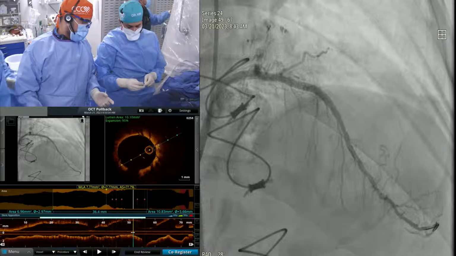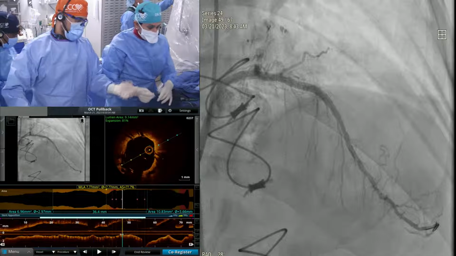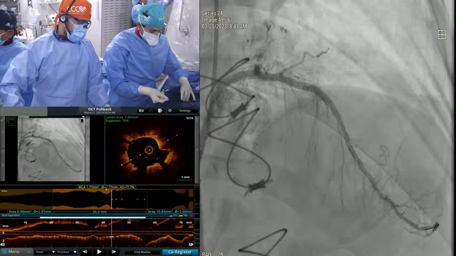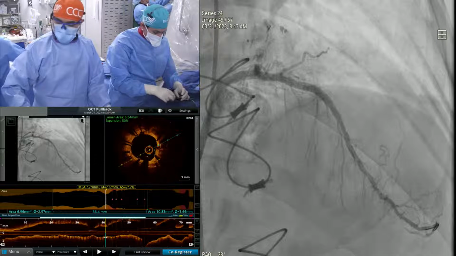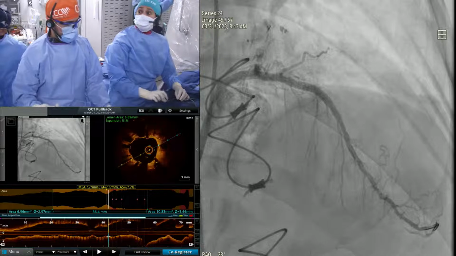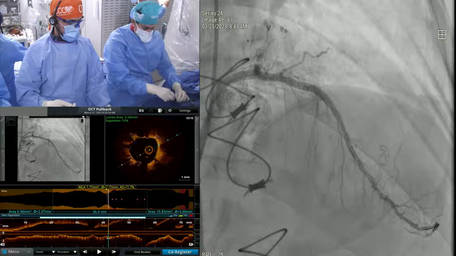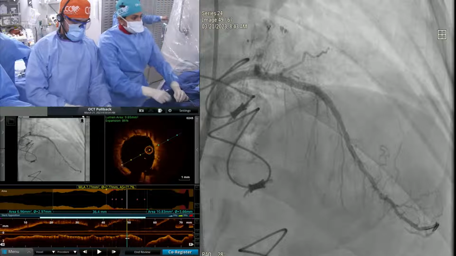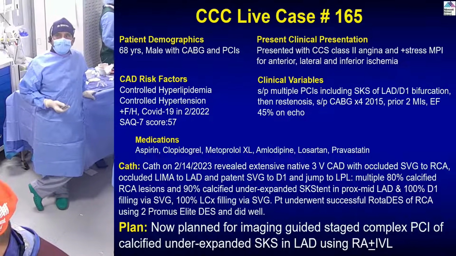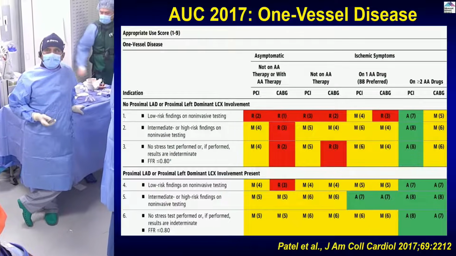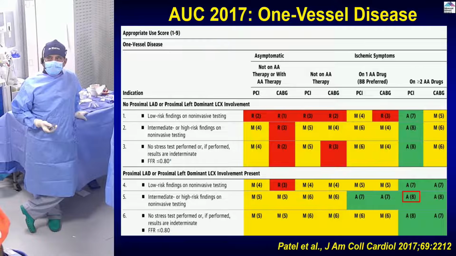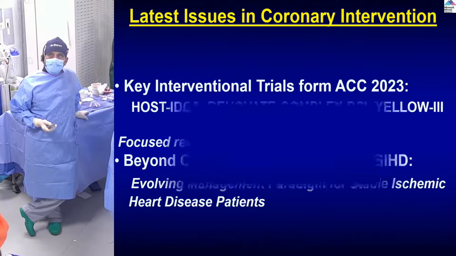Okay, so with that note, let's go back. We just complete dilatation. I think from an interventional point of view, we are done. Yes. Let's go back to our slide presentation. We have a full 15 plus minutes. We have a lot that came out from the ACC, and particularly our landmark trial from Sinai. And of course, Anu presented one vessel disease, although this was a post-CABG case, which is appropriate. So what are our points?